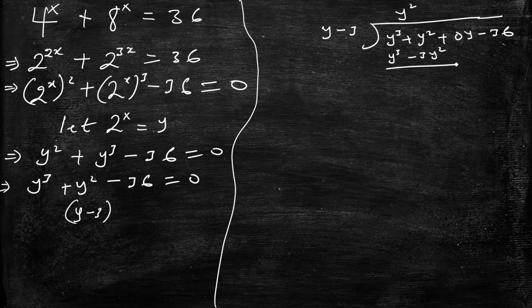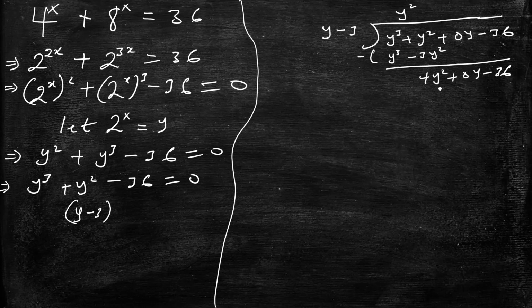Now let's subtract. y cubed minus y cubed goes to 0. y squared minus minus 3y squared, so plus, this will be 4y squared. So let's add our 0y, then minus 36.